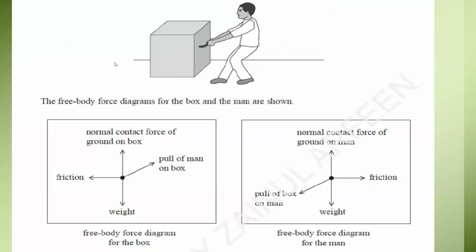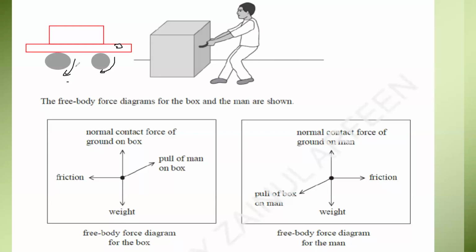So when a car moves, the friction between the tires and the track decides how the car moves. For example, the engine converts chemical energy into kinetic energy and rotates the wheel in this direction.